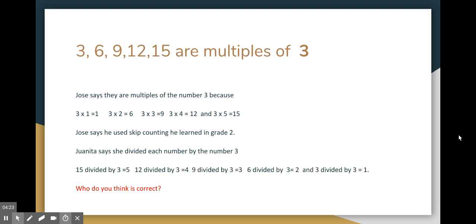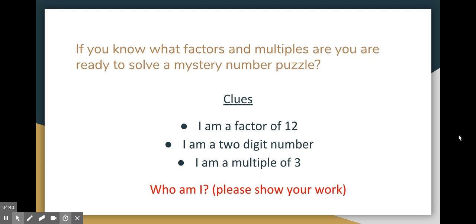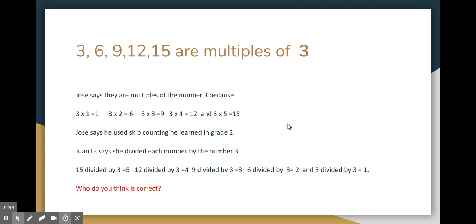So, both of my quiet students have said that 3, 6, 9, 12, and 15 are all multiples of the number 3. But it's very confusing because they have two different reasons.